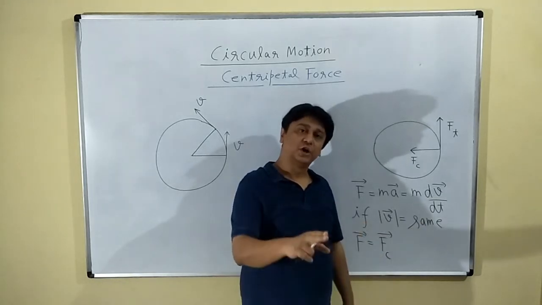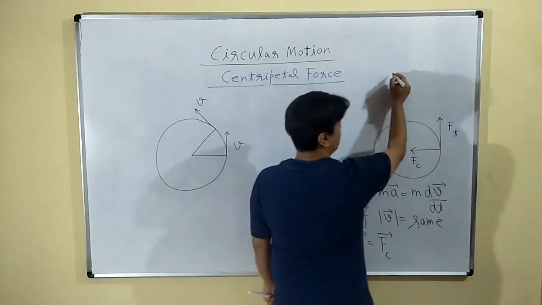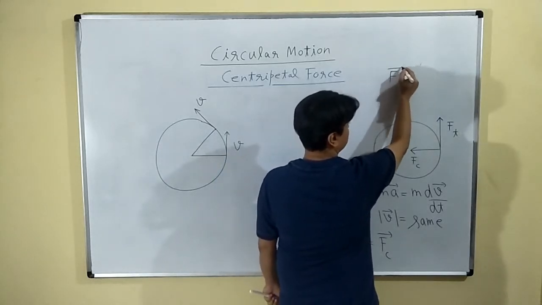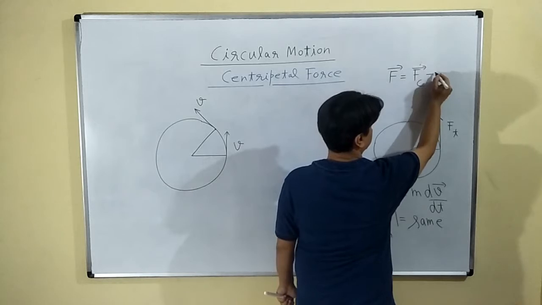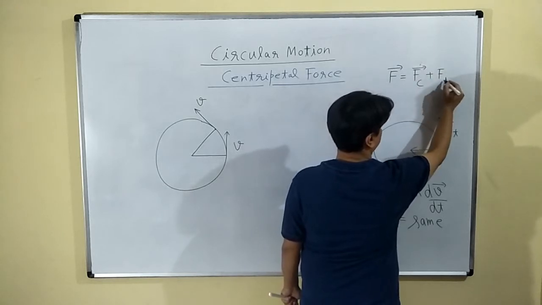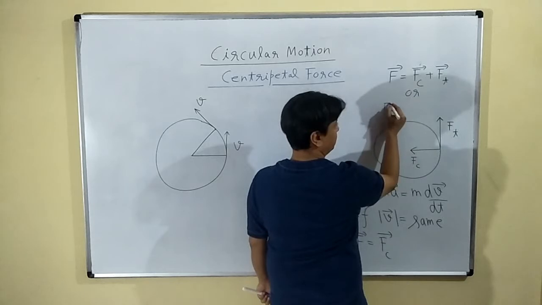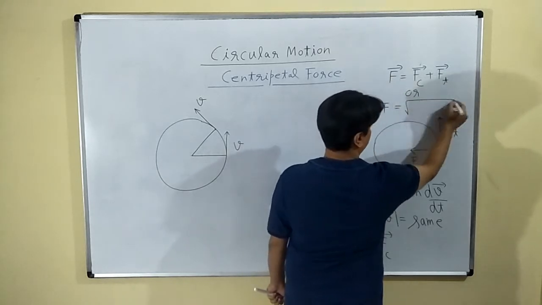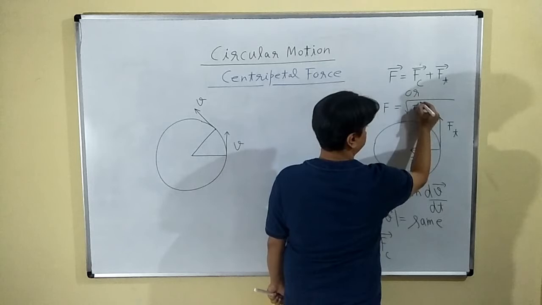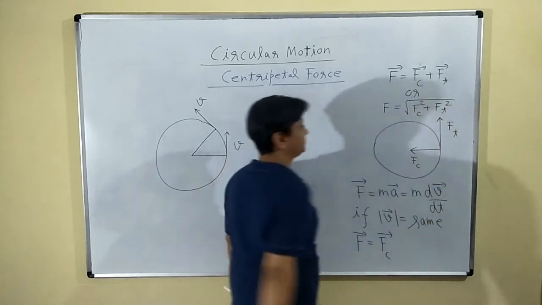If magnitude also changes, then this total force is Fc plus Ft, or F, which is the magnitude, is root over Fc square plus Ft square.